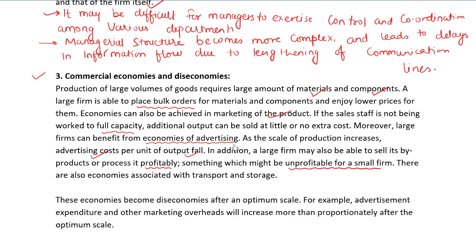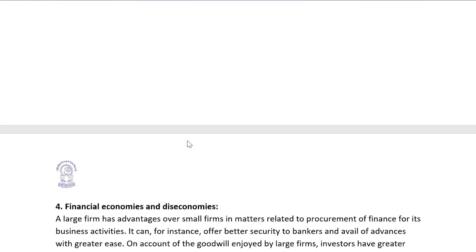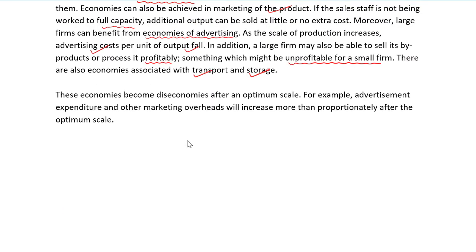There are also economies associated with transport and storage, because at a particular point of time we can transport ample quantity of goods from one place to another. These economies become diseconomies after an optimum scale. For example, advertisement expenditure and other marketing overheads will increase more than proportionately after the optimum scale.